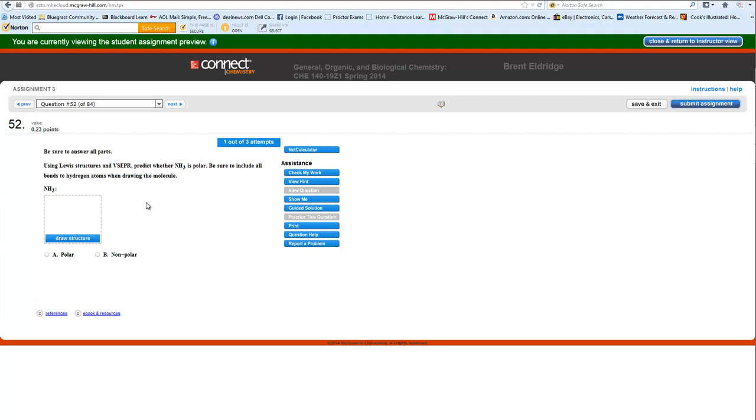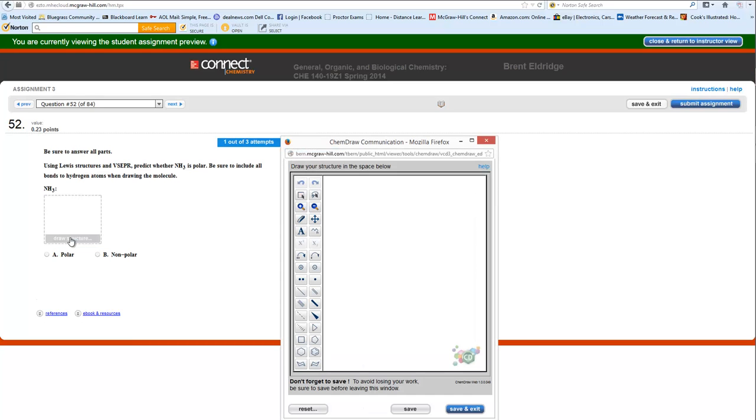All right. So what does that look like? Draw structure. You would click this. Now, I think what I saw happen here, this was one people missed. I'll show you what I saw, and then I'll erase it and show you what you should do to get the right answer. So they drew a bond like that, and then they said, okay, I'm going to connect the nitrogen here.